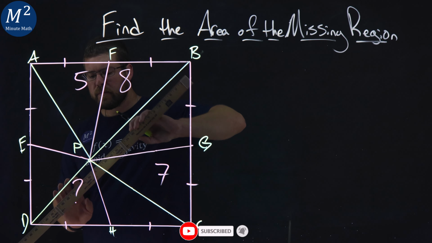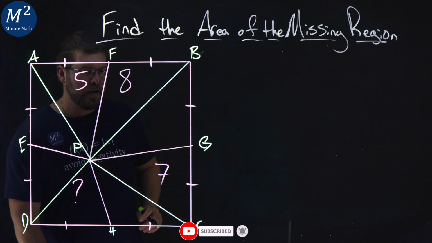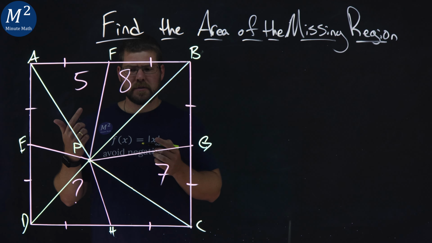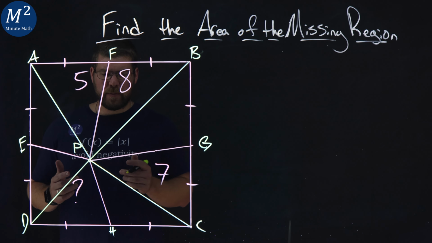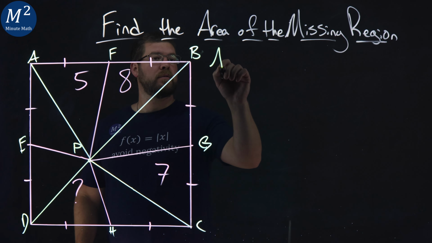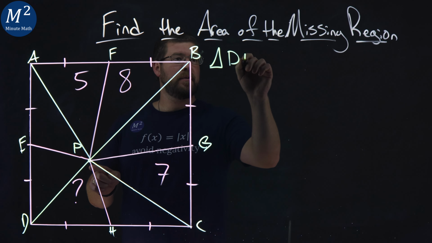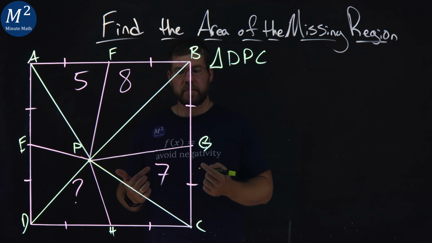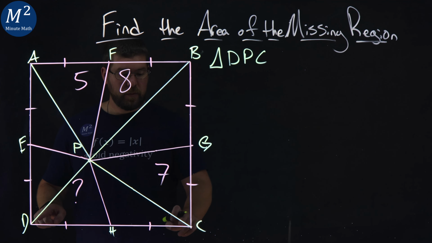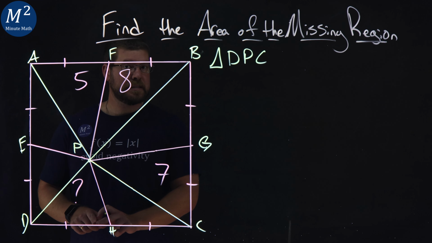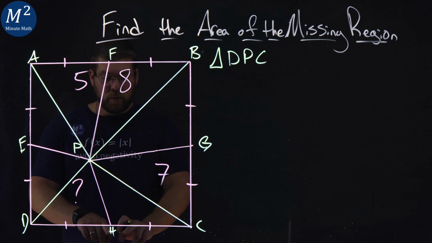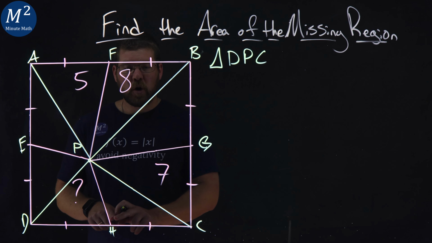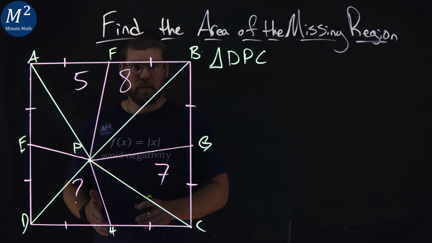All right, when I draw some lines, if we focus on the new lines that I drew, we have triangles. Let's look, for example, at triangle DPC. What do we notice about this triangle? We have a midpoint H on line segment DC that connects to the top. That's our median of the triangle we found.